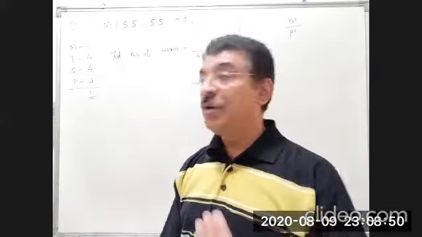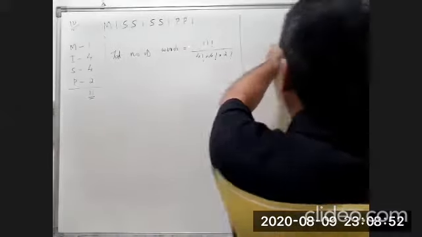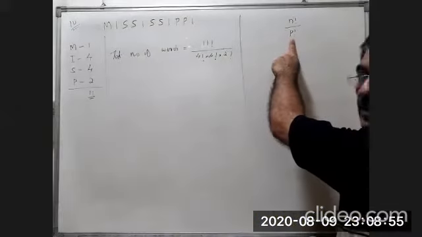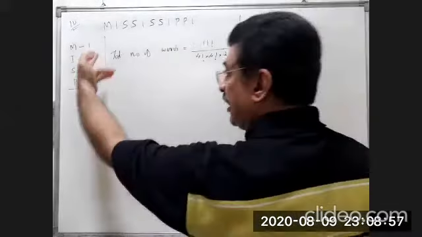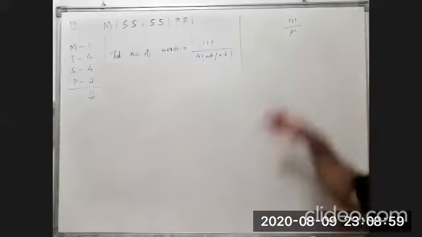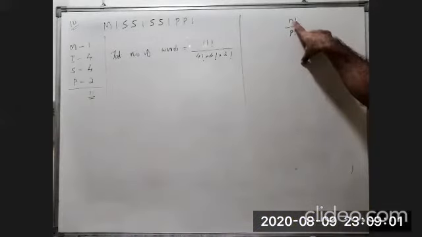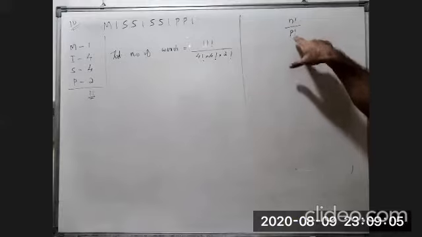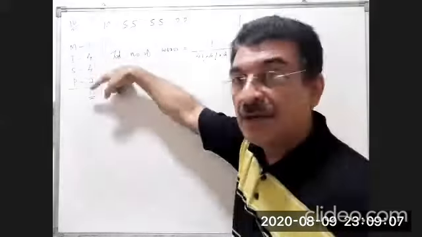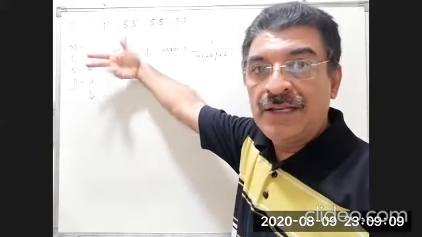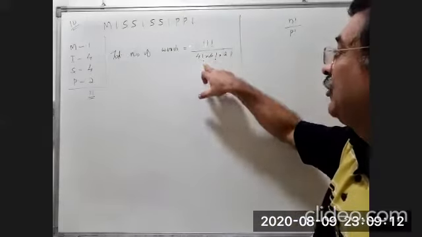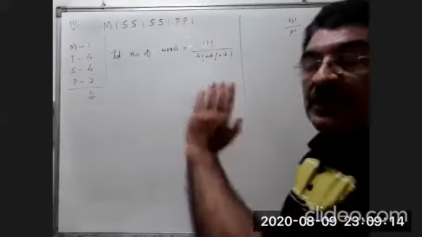If more letters are repeated, we have more than one repetition in the denominator. That's why we got 4 factorial, 4 factorial, 2 factorial. This is the total number of words.